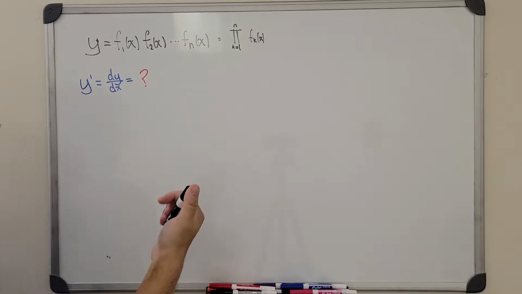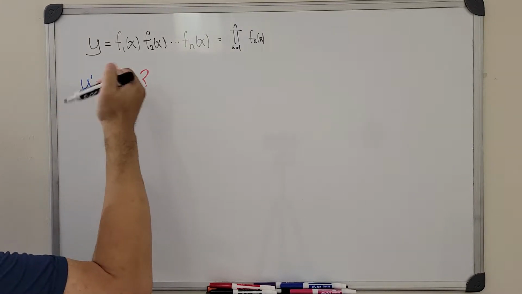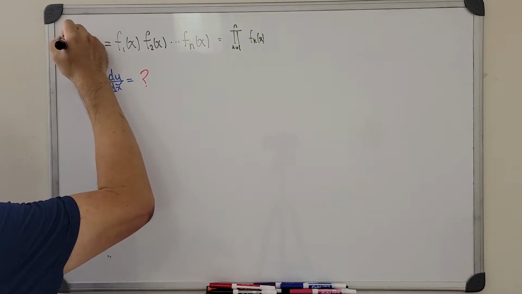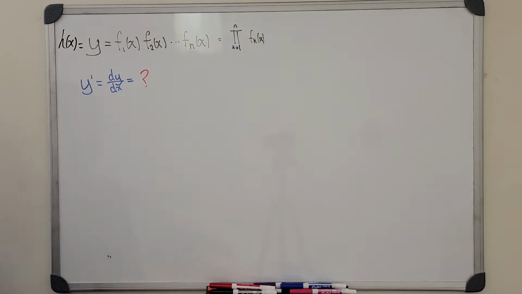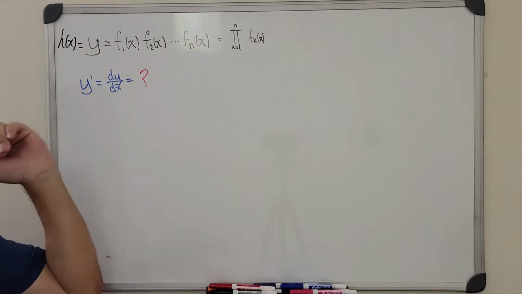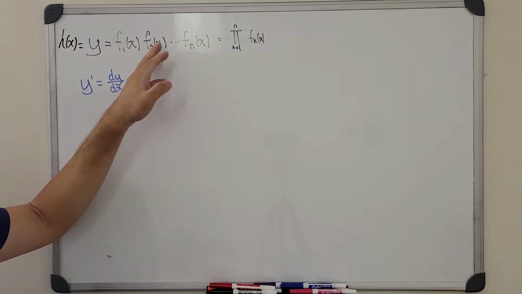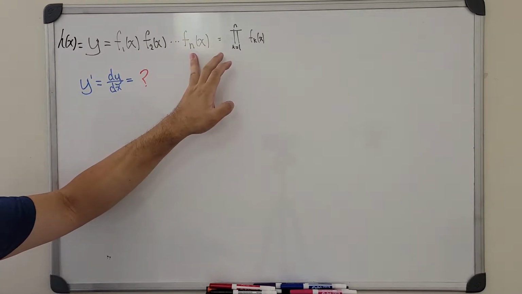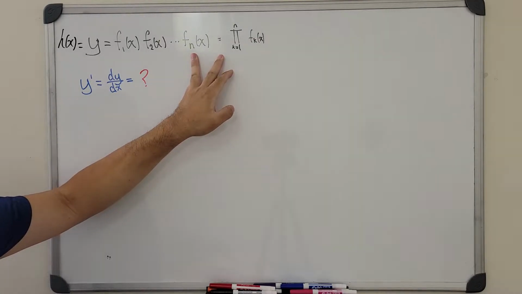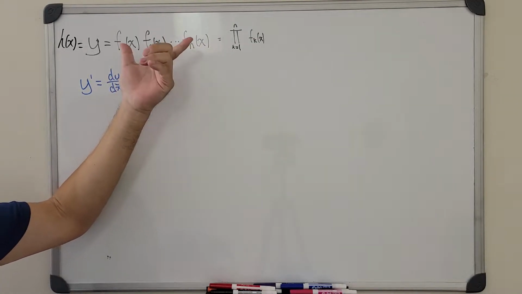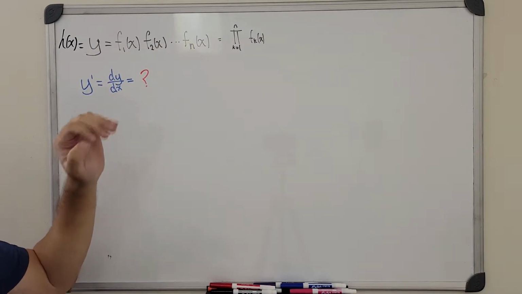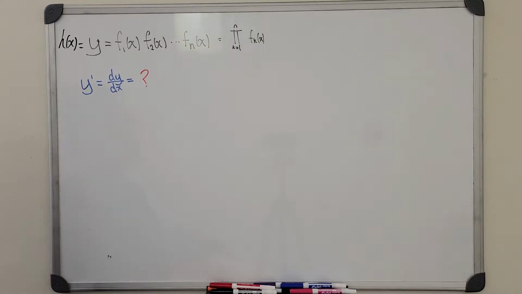Suppose we have a function of y, or we can just give a different name. Let's call it h of x, which is a product of some other functions, f1 of x times f2 of x, dot dot dot, up to fn of x. So we're making it general; it could be 3, could be 4, could be some finite number of functions multiplying together.